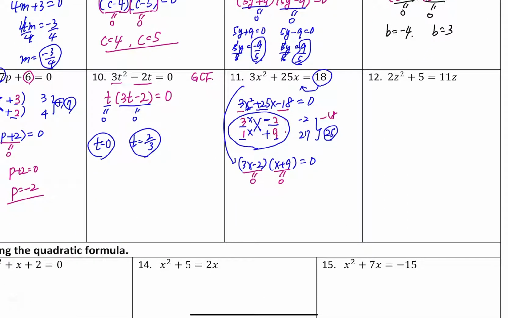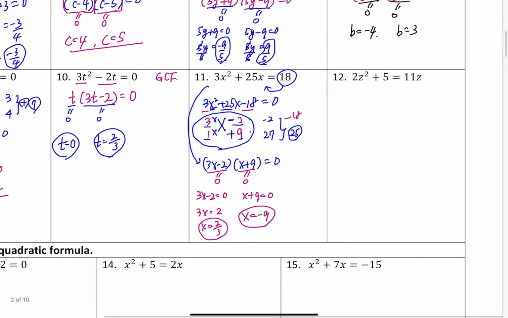So when first factor equals 0, x equals 2 over 3. When second factor equals 0, x equals negative 9. We got 2 solutions, 2 zeros by using factoring way.